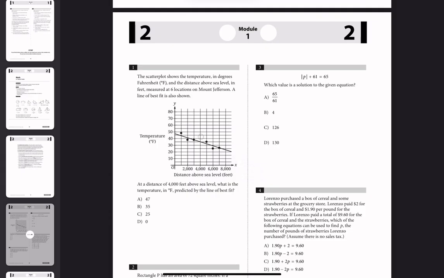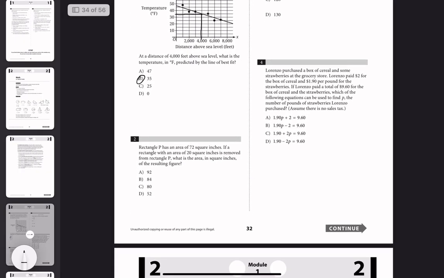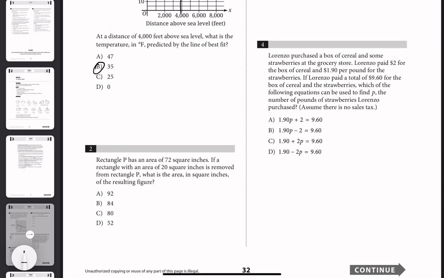So we look at 4,000 on the x-axis here, and we see that this lines up with the y point here, which is 35. And that's your answer.